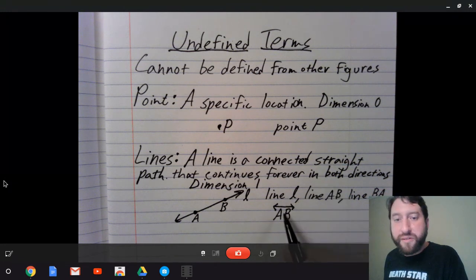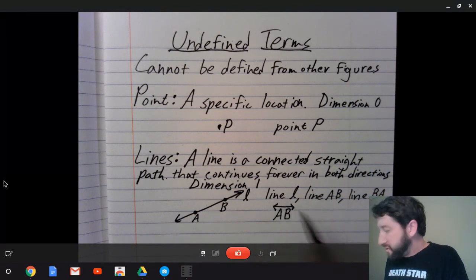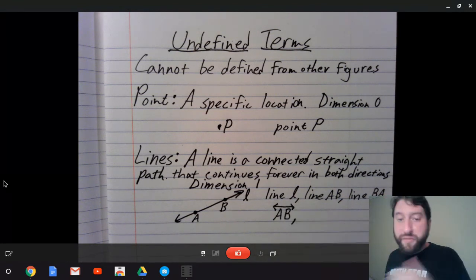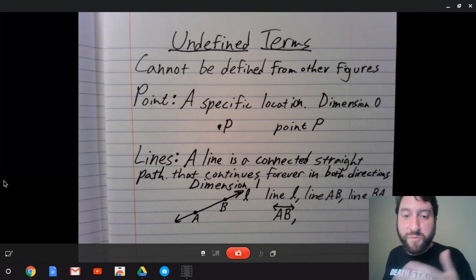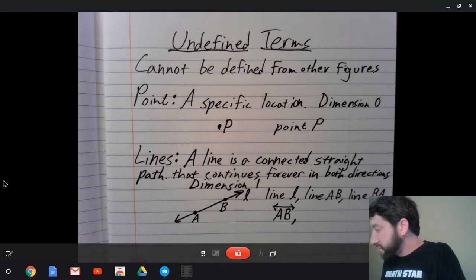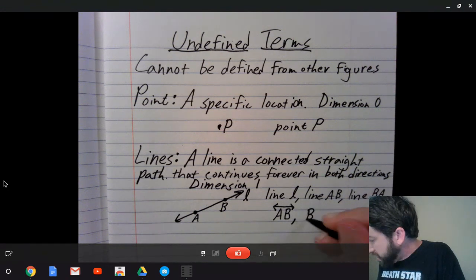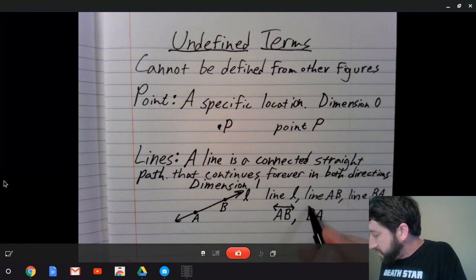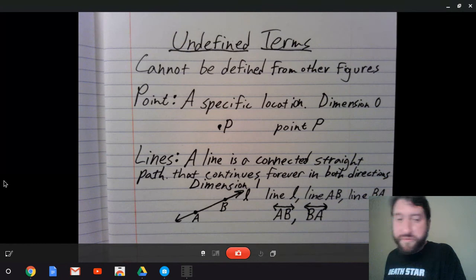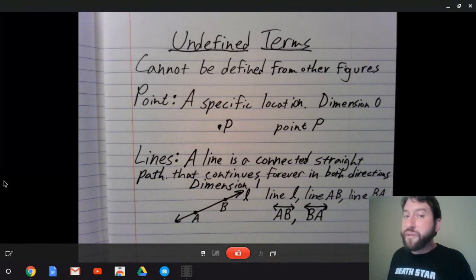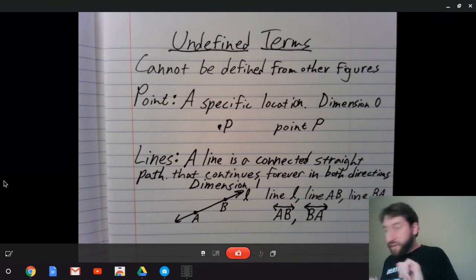So AB extends in both directions. That's why we have that. And because it's in both directions, it doesn't matter which one I put first. So I could also say BA, and then put my little symbol on top with my little two arrows. So you could do either one. So those are lines.